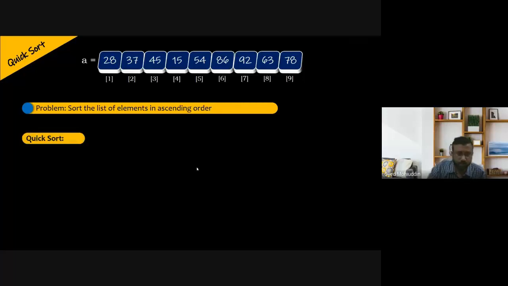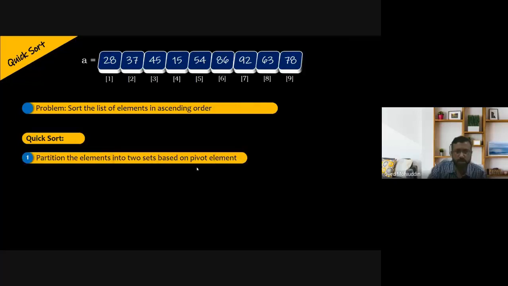Then the way quick sort works is it partitions the elements into two sets. Now, quick sort doesn't partition the elements into equal halves. It partitions the elements into two sets based on the pivot element. Now, in general sense, pivot is something, it's like a point which balances the right and the left.